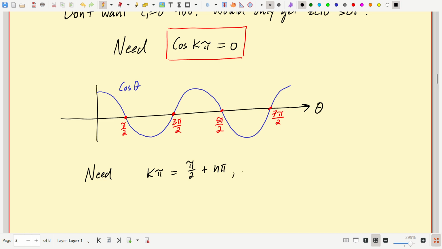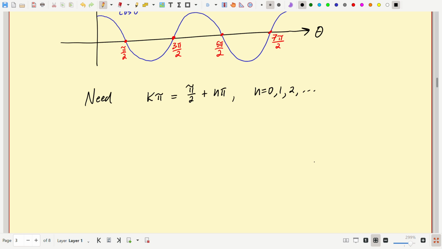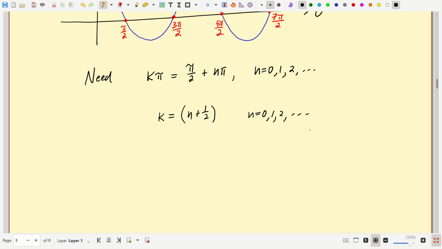The first one is n equals 0, so it would be n equals 0, 1, 2, etc. And so that means my k, when I cancel out the pi, is going to be n plus a half, as n goes from 0, 1, 2, 3, etc. And my lambda was minus k squared, and that's minus n plus a half squared.